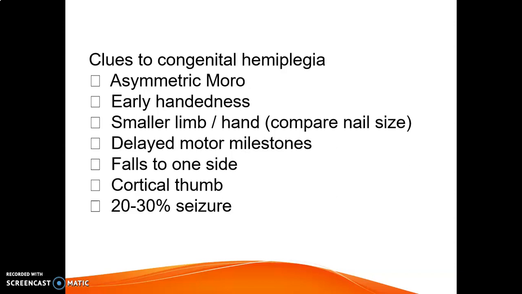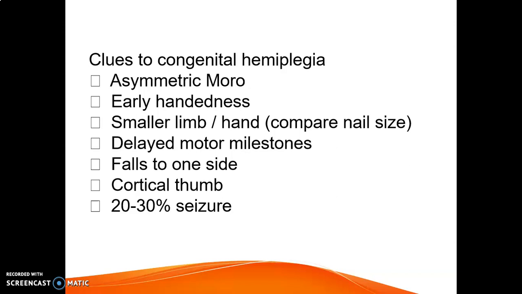In such children, both hands should open and embrace and then come close, but here only one hand will open. That is why we call it asymmetric Moro. It means the Moro reflex is not positive on both sides, so you can suspect a congenital hemiplegic problem.